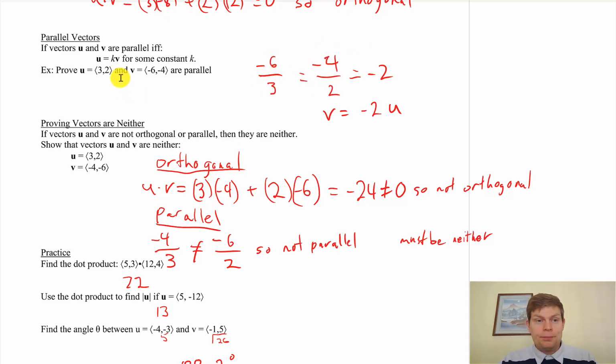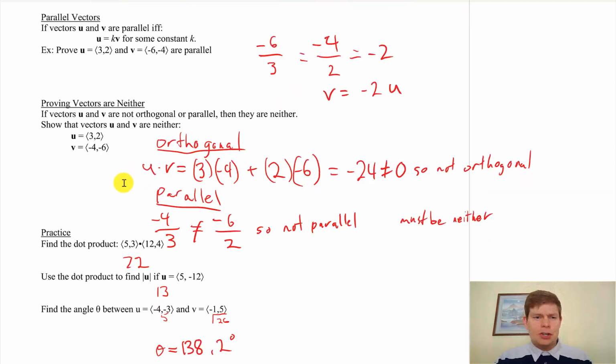Theoretically, if they are parallel, the x component divided by the x component and the y component divided by the other y component will give you the same number, and that will be the constant you have to multiply the other vector by to get the bigger vector, or the one you divided the other one by. Look at it. Should make sense. Negative 6 divided by 3 is -2, and negative 4 divided by 2 is -2. They're equal to the same ratio, so we could just multiply -2 by (3, 2) to get v. Therefore, they must be parallel.